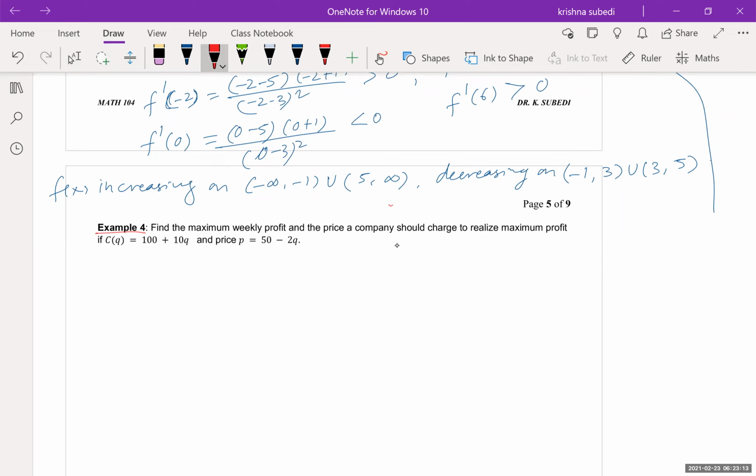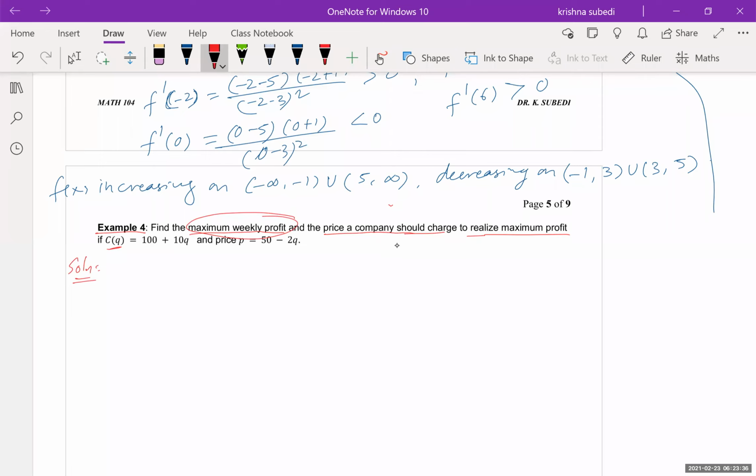We need to find the maximum weekly profit and the price a company should charge to realize maximum profit, if the cost function is given, C of q equals 100 plus 10q, and price p is given as 50 minus 2q.